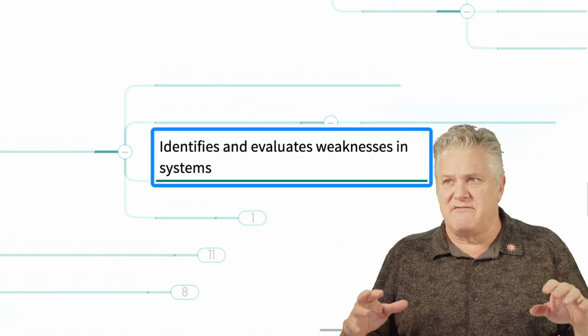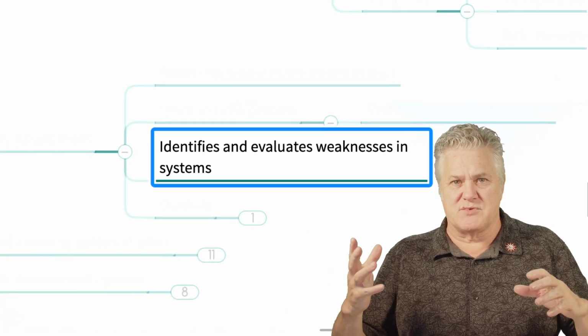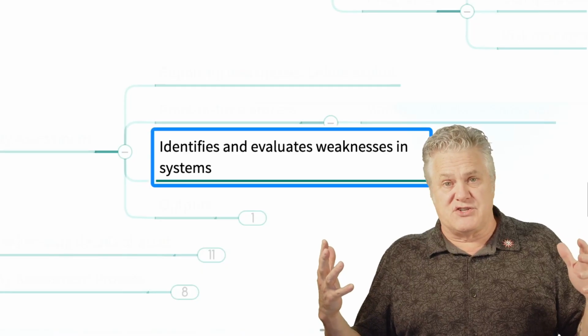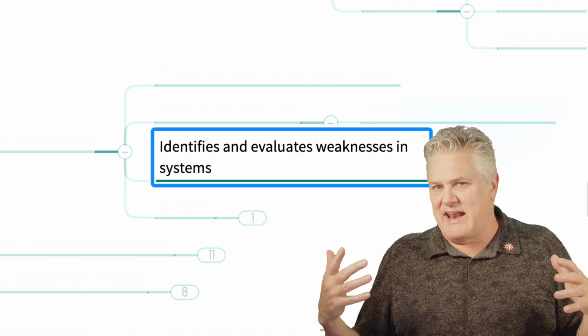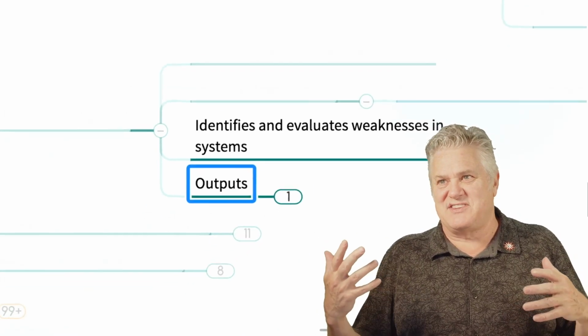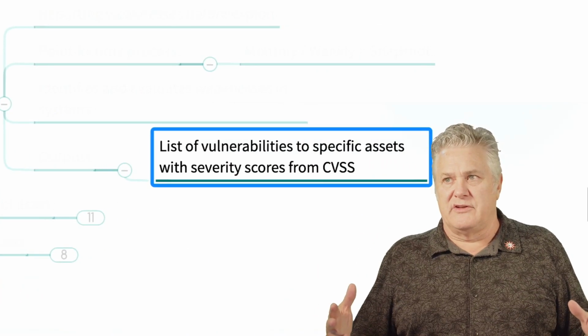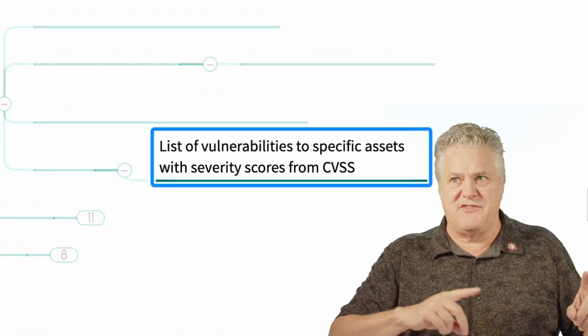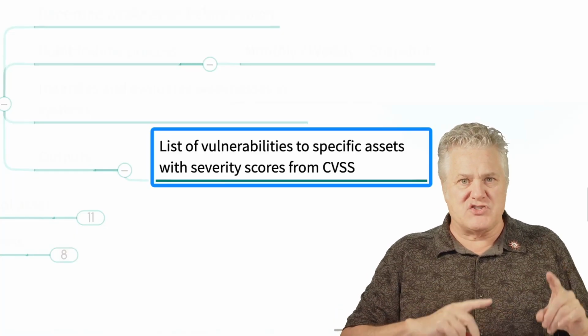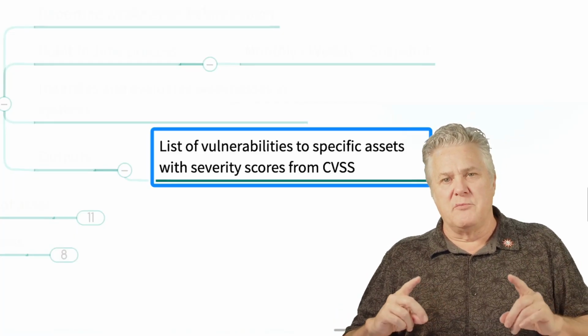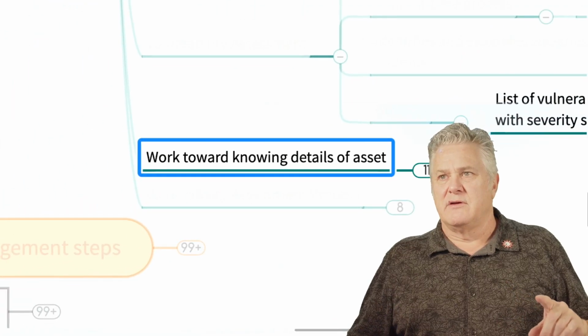It identifies and evaluates the weaknesses in the systems across all the different systems that we have. Anything that has a heartbeat should be tested, okay? Our outputs for this are going to be a list of vulnerabilities to the specific assets with severity scores from the common vulnerability scoring system.